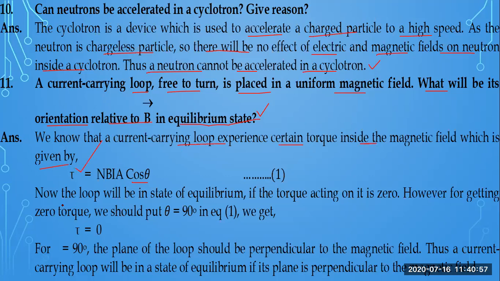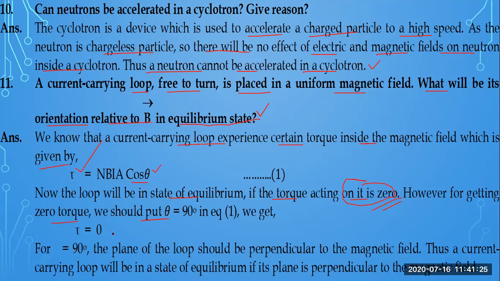Now the loop will be in equilibrium if the torque acting on it is zero. This is the most important thing to understand: when it will be in equilibrium. It will be the only condition when the torque acting on it is zero. So for getting zero torque, we put the angle 90 degrees in this equation.